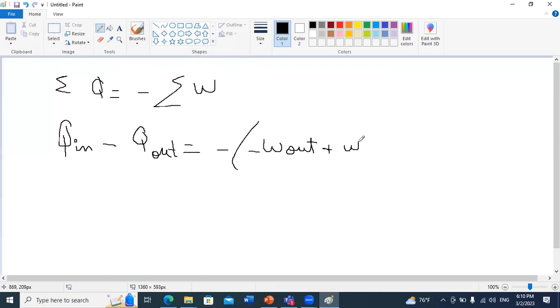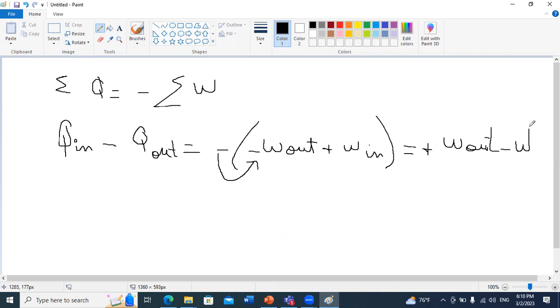Because when we do the summation of work, according to this convention, we consider positive what is coming in and negative what is getting out. Now, if we introduce the minus inside the bracket, we get plus W out minus Wn. Plus W out minus Wn represents what? This is the net work produced by your system. So this is what you care for.